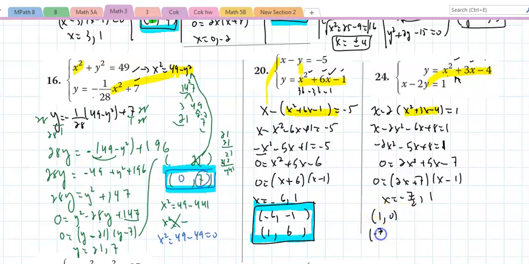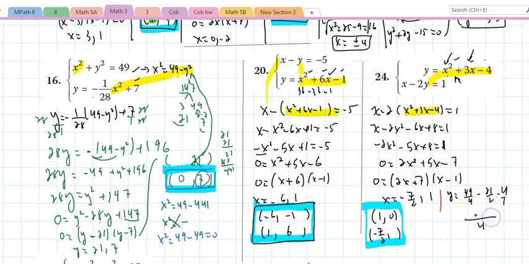And if I put negative 7 halves, that's not going to be as simple, but that's going to be my answer. Let's find out what that is. I'll get y to equal, if I put a negative 7 halves there, 49 over 4 minus 3 times 21 over 2 minus 4. Not a big deal.